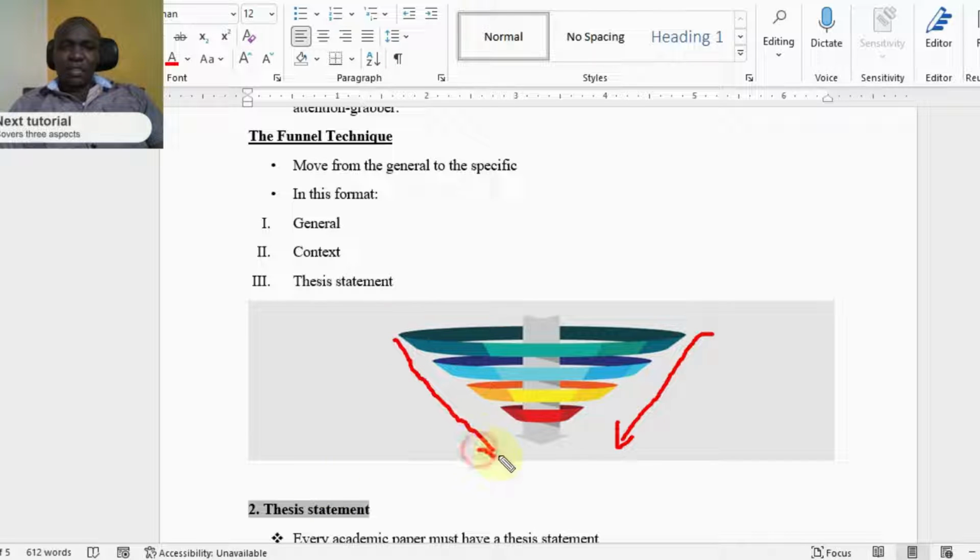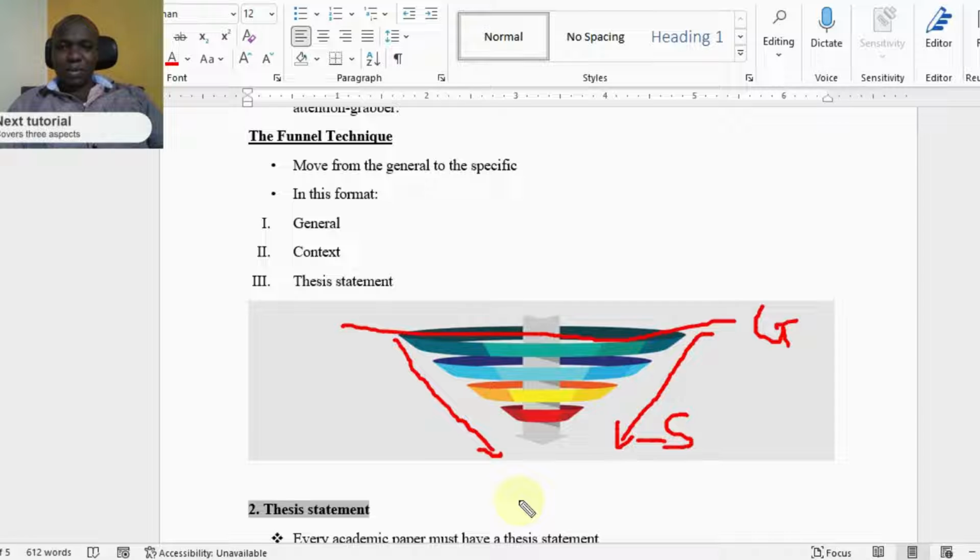Start from the broad area, the general area. This is our G, general. As you move down, you go to specific. Let me just mark it by a specific S. This is now specific. So move from the general point to the specific.